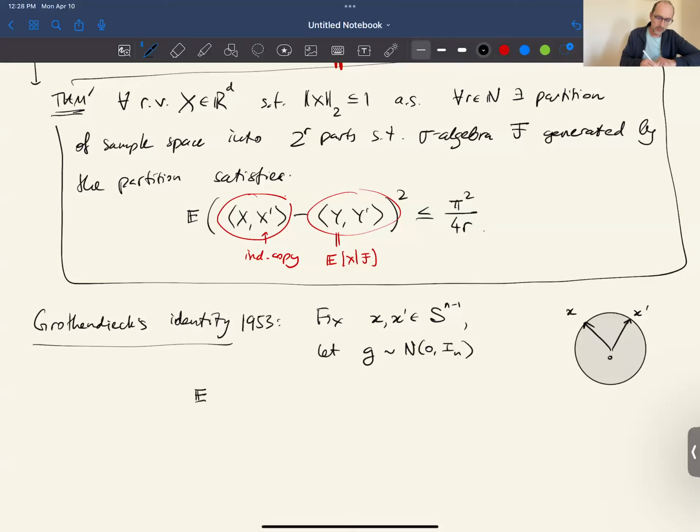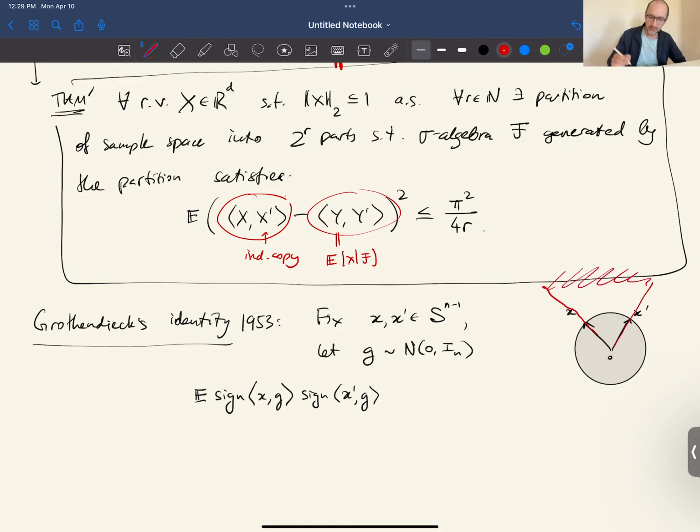Let's compute the sign of the inner product of x with g times the sign of the inner product of x prime with g. So in this cone right here, just bordered by x and x prime, both signs are plus one. So the value of the product of the signs is positive.